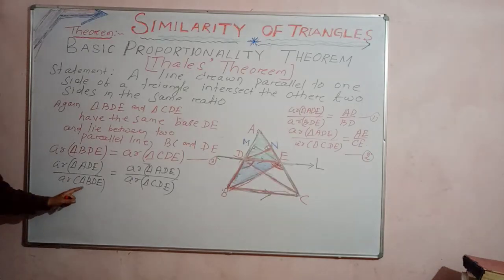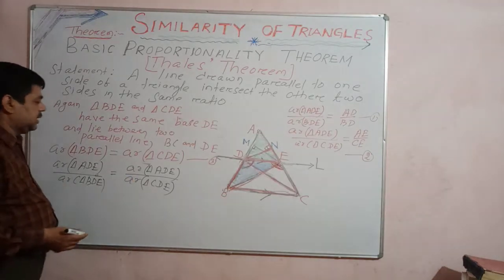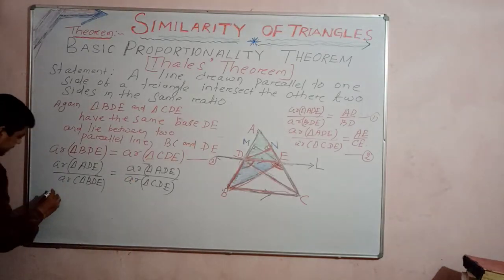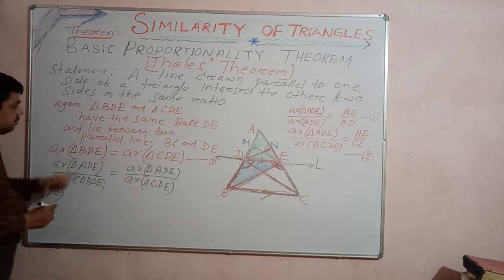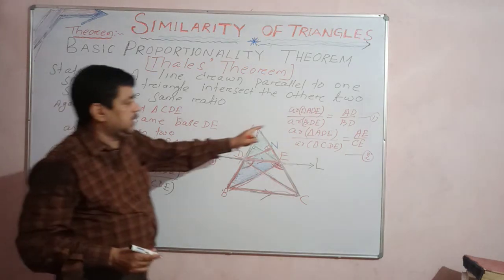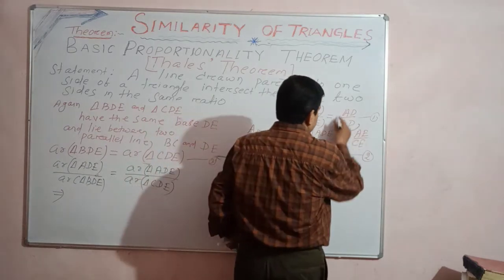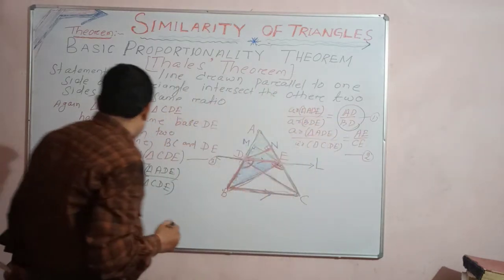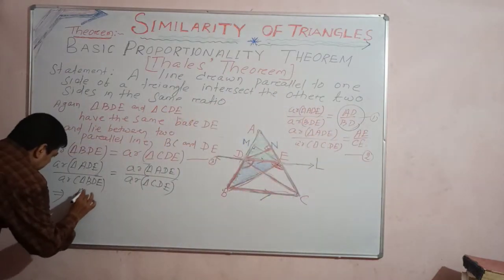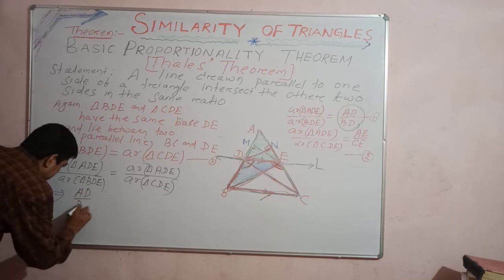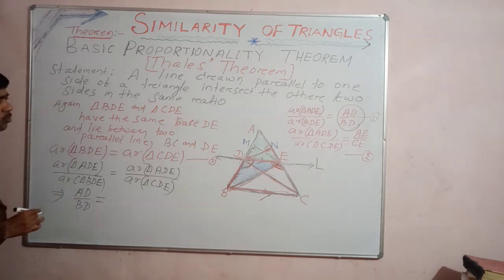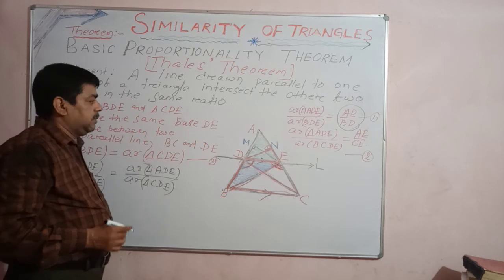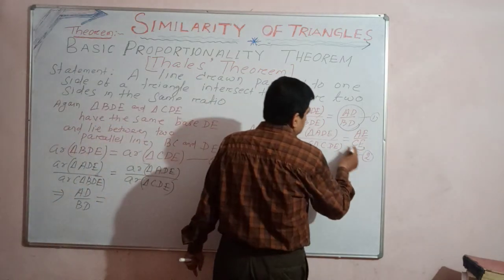So that implies area of triangle ADE by area of triangle BDE is already AD by BD, right? So AD by BD is equal to, and area of triangle ADE by area of triangle CDE is equal to AE by CE.